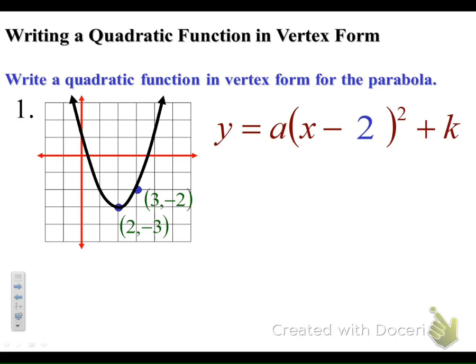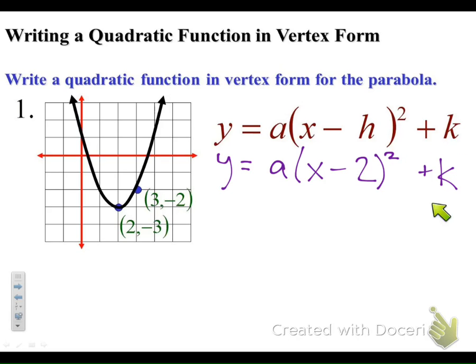As you're writing this in your notes, you can put down, because we had h there, y equals x minus 2 squared and then plus k, but you're going to see how I replace some of these variables in this presentation. So in the place of h, I'm going to put a 2. In the place of k, because k keeps its sign, I'm going to put a -3.